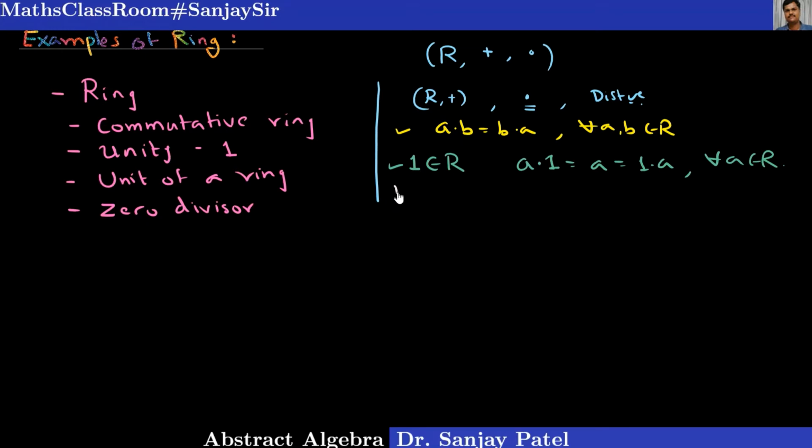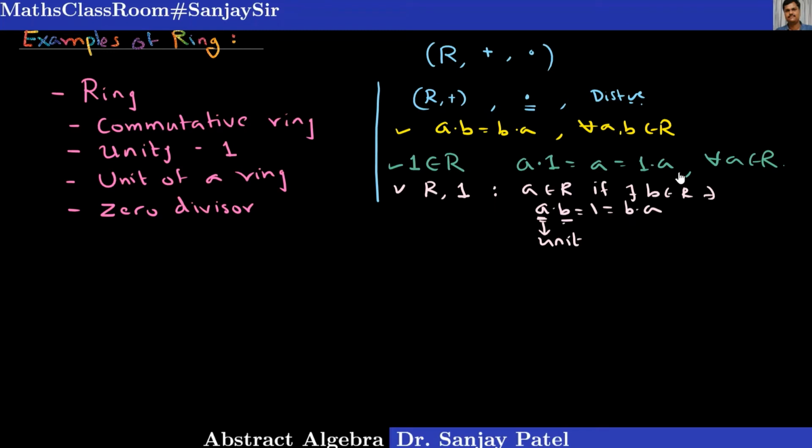We also defined what is called a unit in the ring. A unit is defined in a ring R having unity element 1, like this. If a is an element in the ring R, and if there exists an element b in R such that a dot b is equal to 1 is equal to b dot a, then this a is called a unit element of the ring.